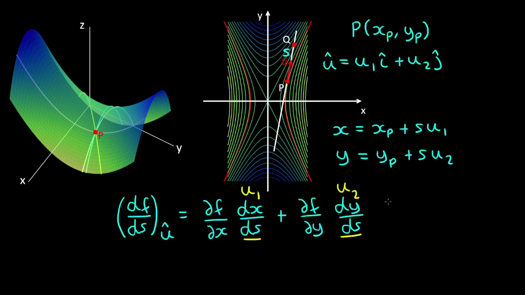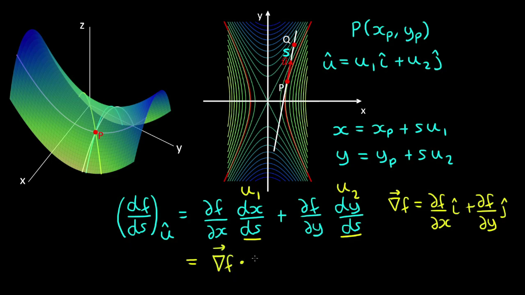So if we define a gradient vector which operates on the function f as the partial of f with respect to x in the i direction plus the partial of f with respect to y in the j direction, then we recognize this equation as the dot product between the gradient of f and the unit vector.